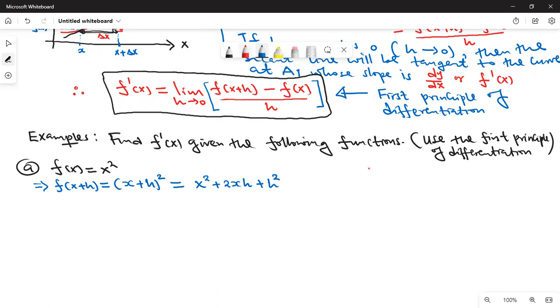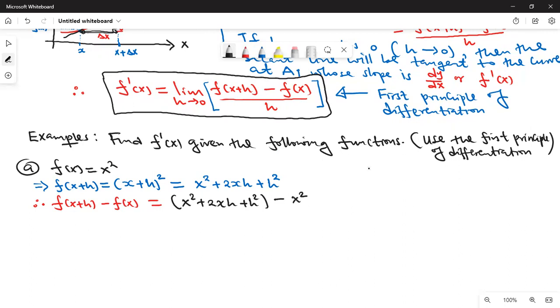Then, now we need f of x plus h minus f of x. We subtract the two. What are we going to get? That will give us x squared plus 2xh plus h squared, subtract x squared.